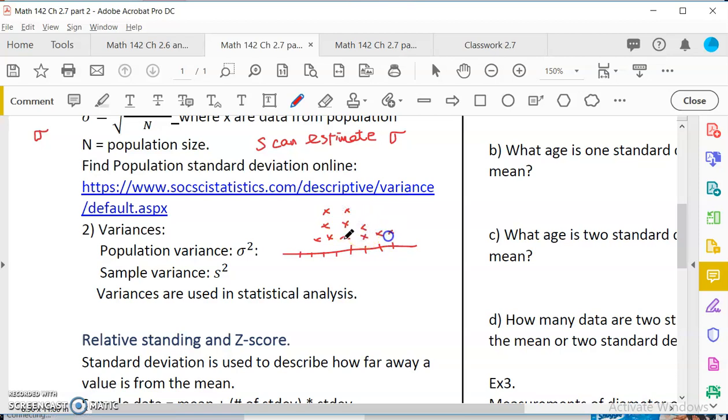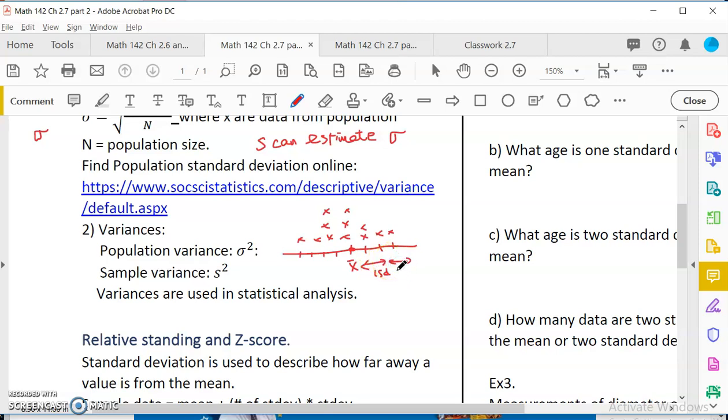So these are my data. Of course, the middle is the mean, this is X bar. You can use standard deviation as a ruler, and if this is one standard deviation, instead of using the common number line tick mark, a standard deviation is one tick mark.